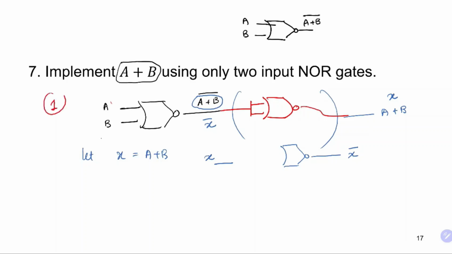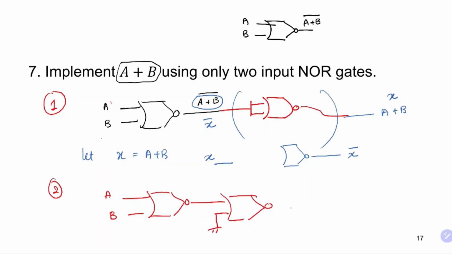This is one implementation. Second implementation will be, put this to ground. I'll get A or B.